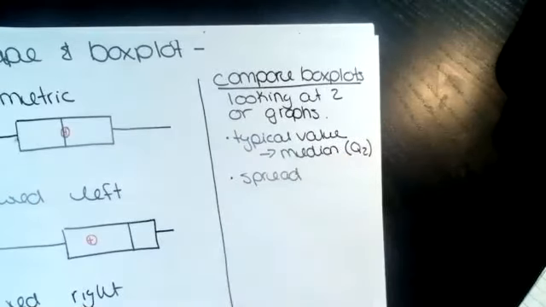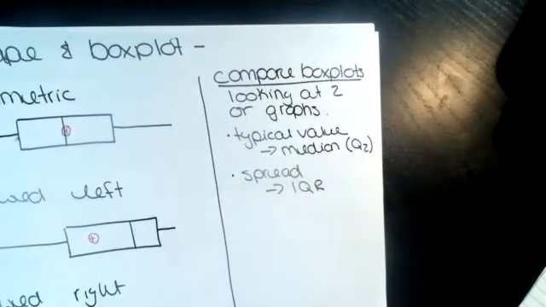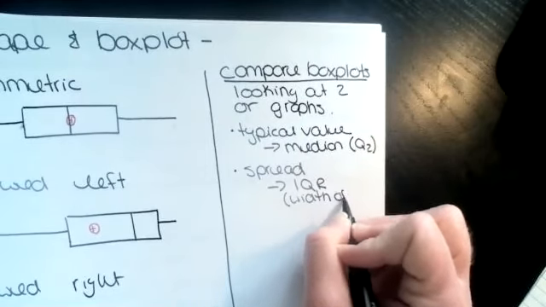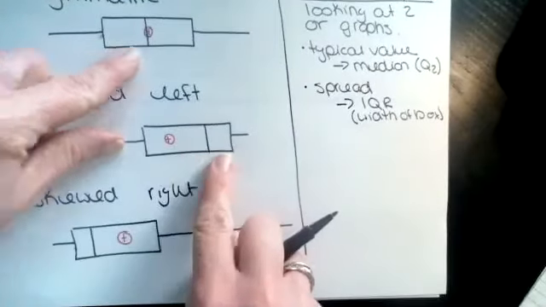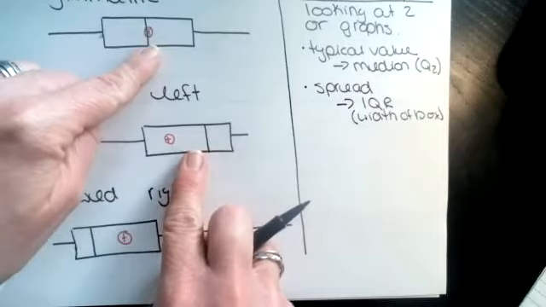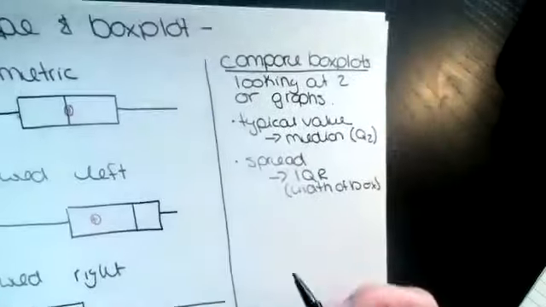And when we're talking about the spread, we're going to compare the IQR. Remember, that's the width of the box. So maybe we're comparing these two. It looks like the spread for those two distributions look fairly similar, right? The width of the box looks about the same between those top two.